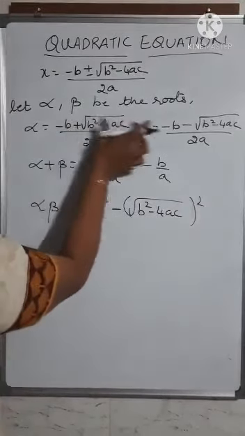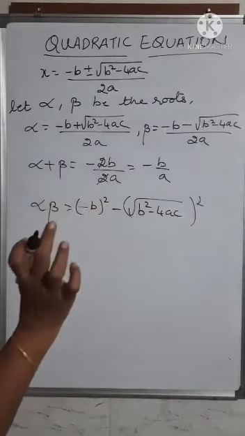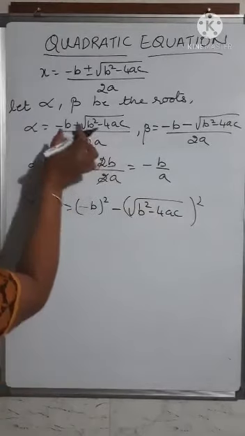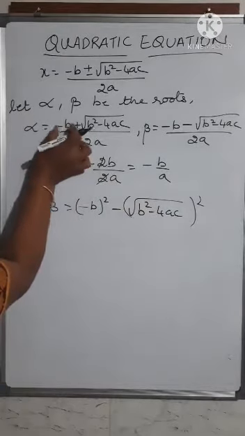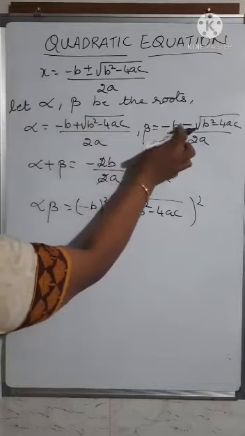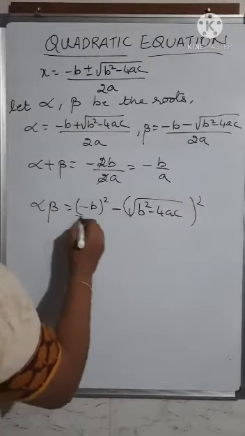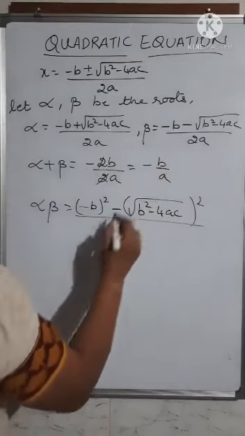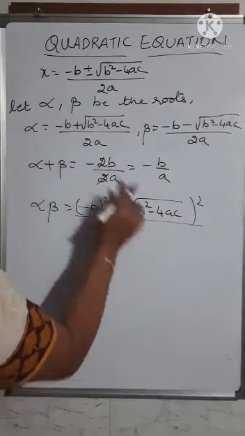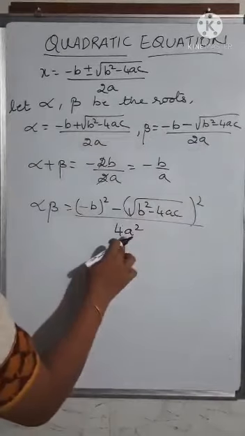So you have written the numerator as a square minus b square, and the denominator you multiply: 2a into 2a is 4a square.